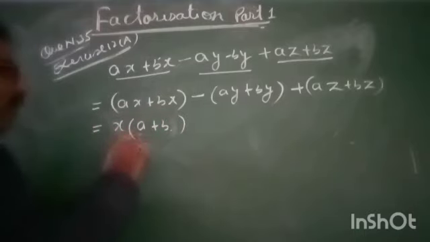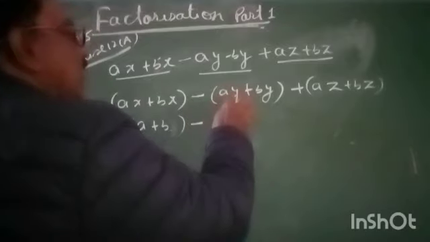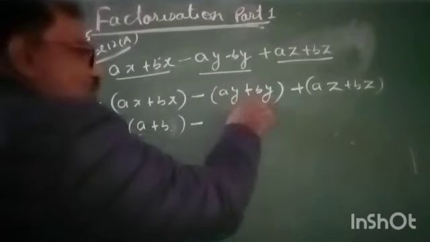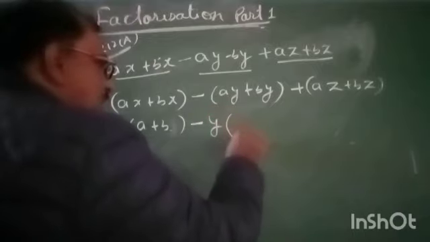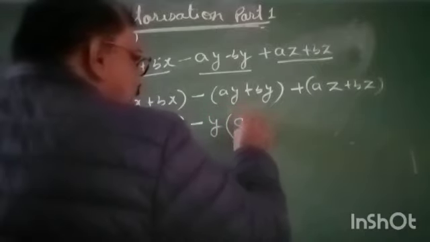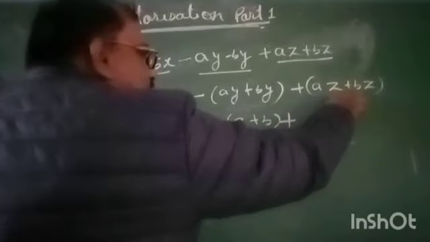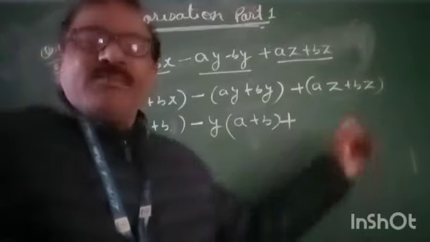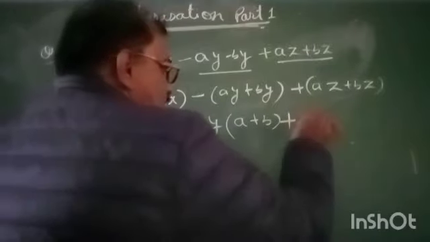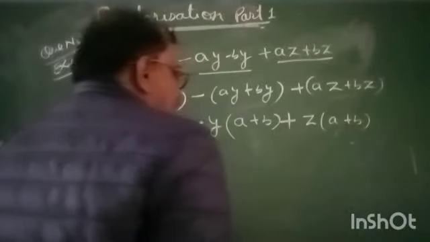Then minus y: y is the greatest common factor of this group, so I will take y out of the bracket, and in the bracket will be a plus b. Plus z: z is the greatest common factor of this group, so I will take z out of the bracket a plus b.